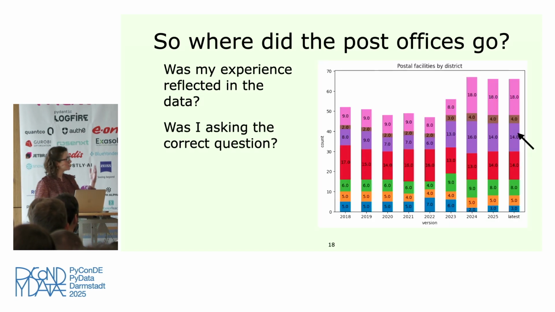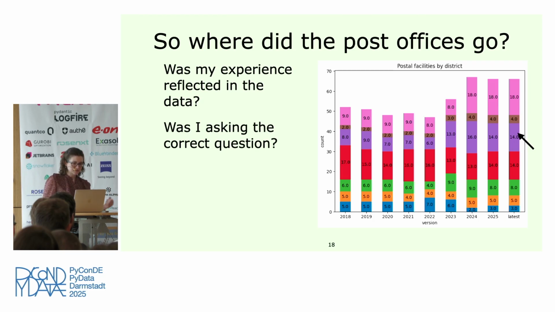Once I did apply the appropriate filters, I do have a little bit of a result. These are all the districts in my state and the number of post offices, how they've changed over time. The purple one, that's my district, and you can see, sure enough, from 2024 to 2025 and to now, there are a few less total post offices, so we lost two.